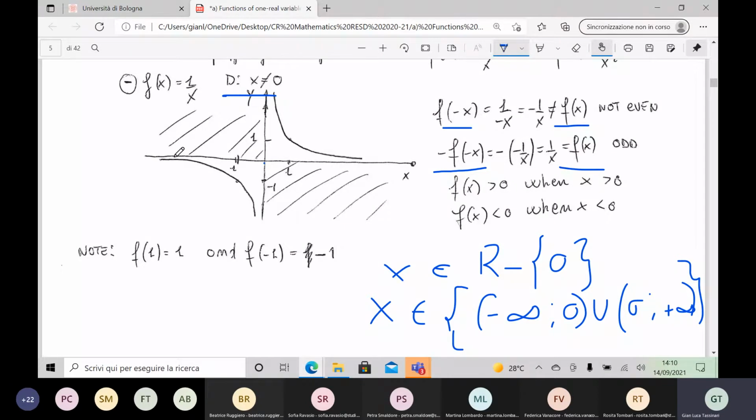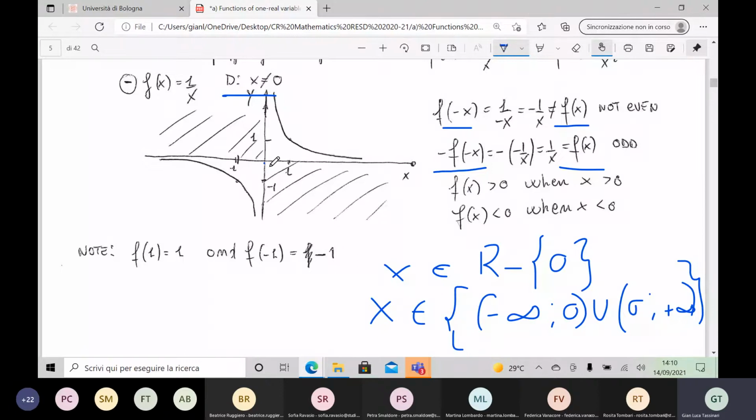So 1 over x is negative. So the graph cannot lie here. So we can cancel it. Note that this is obvious because our function is symmetric with respect to the origin. And if a function is symmetric with respect to the origin, it means that if you cancel here, you have also to cancel here. If the graph lies in the first quadrant, then for x smaller than 0, it lies in the third quadrant.